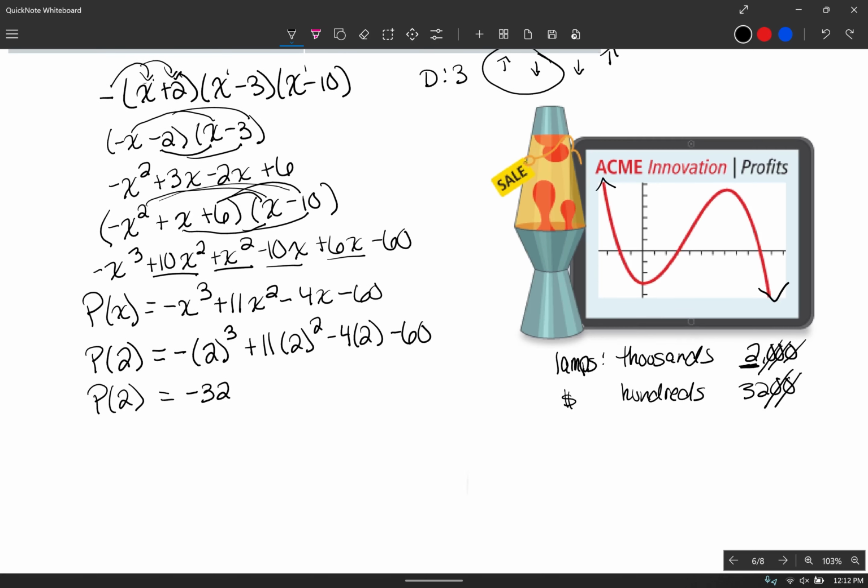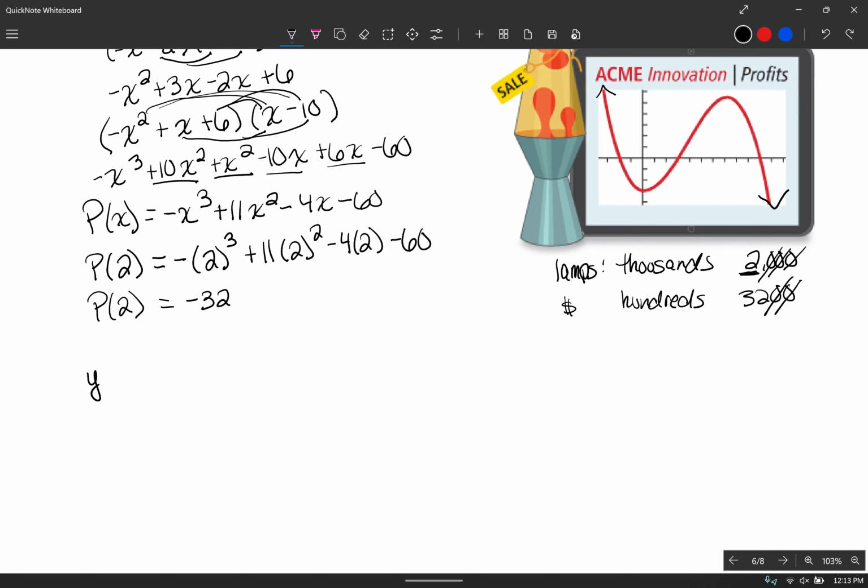So we found the standard form. Now we're just going to interpret some key features. Let's talk about the y-intercept. To find a y-intercept, we simply plug 0 in for all of the x's. So I plug 0 in for every x that I have. Minus 4 times 0 minus 60, and you get negative 60.